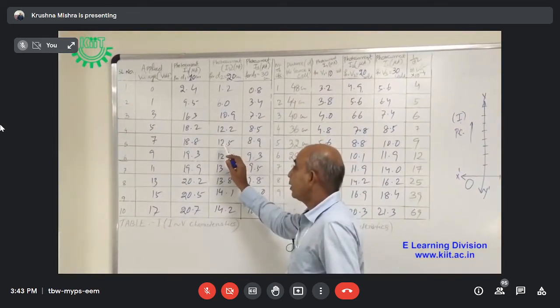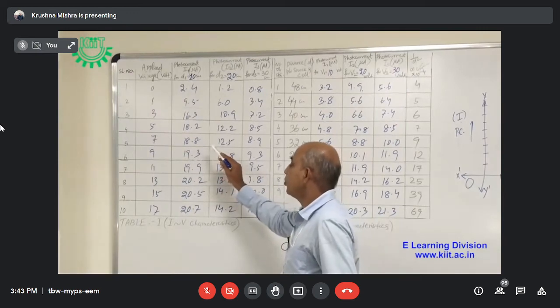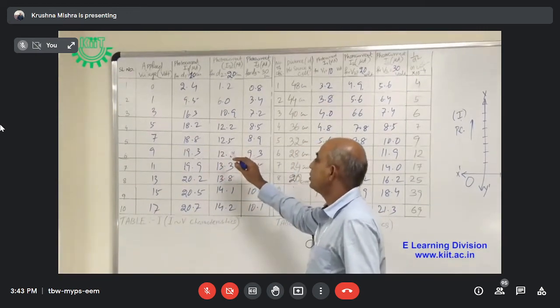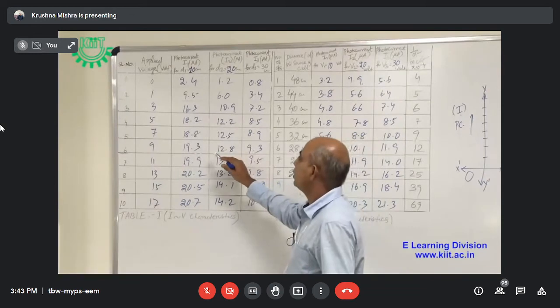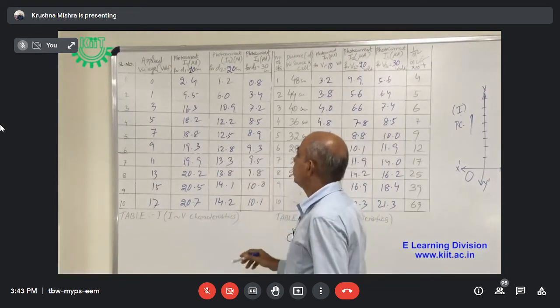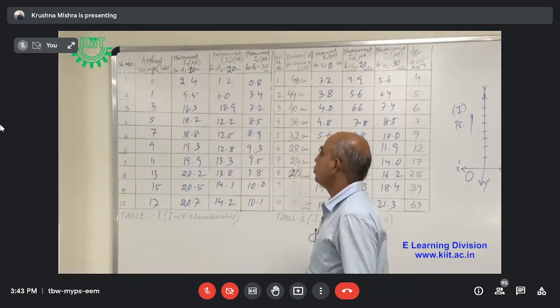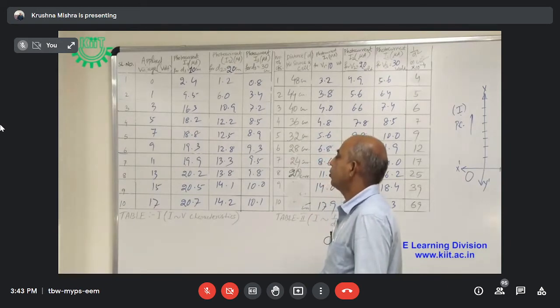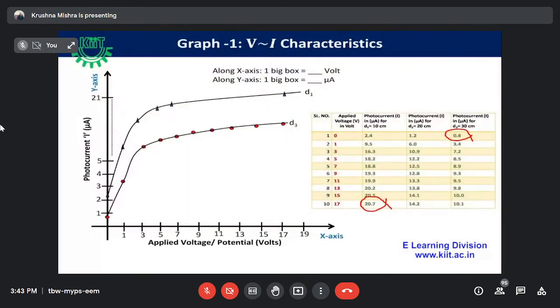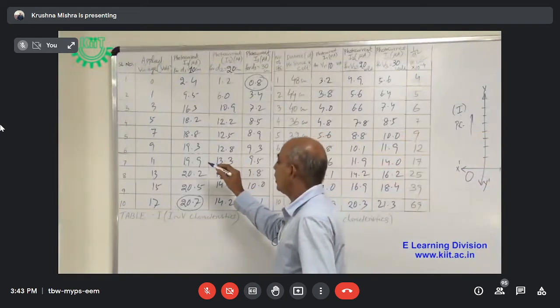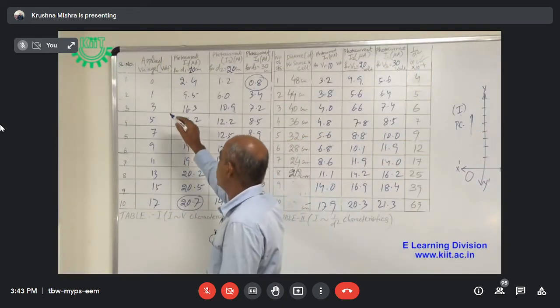Now we will plot a graph taking photocurrent along the y-axis and the potential along the x-axis. That is, we will find the effect of potential on photoelectric current. We have to focus on the entire table here. Here the minimum current is 0.8 and the maximum current is 20.7 microampere. Similarly, along the x-axis we will take the potential.